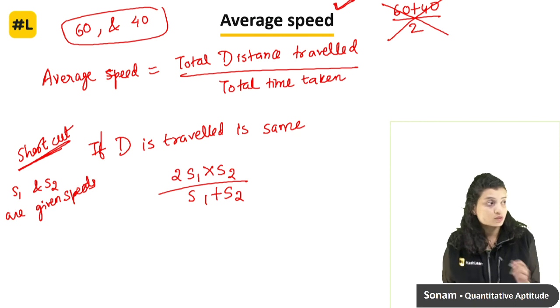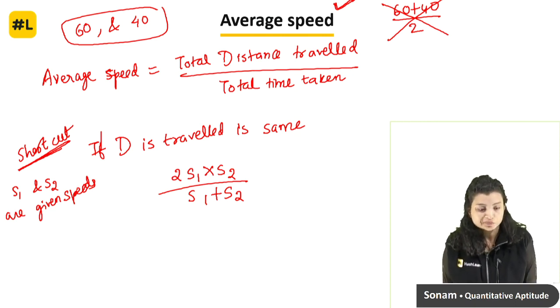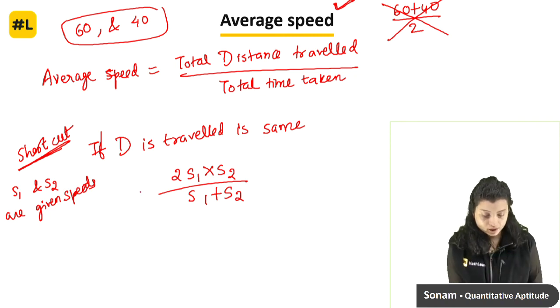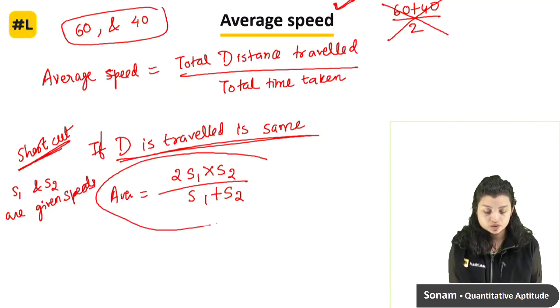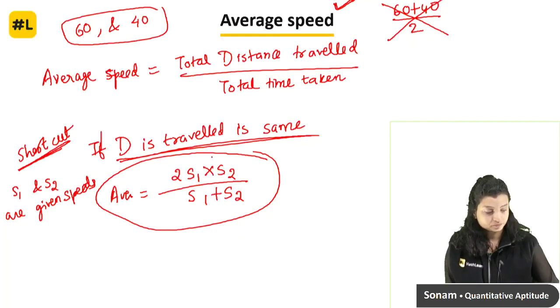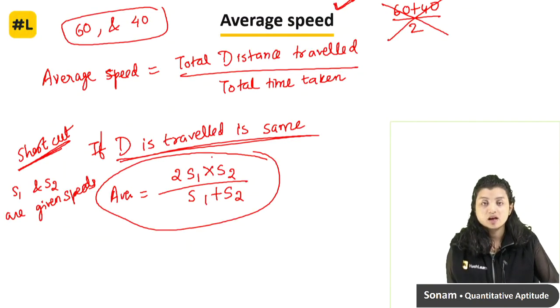So if two speeds are given in the question and they ask you to find the average speed, you need to make sure that the distance traveled is the same. Only then can you use this formula: 2 into S1 into S2 divided by S1 plus S2.